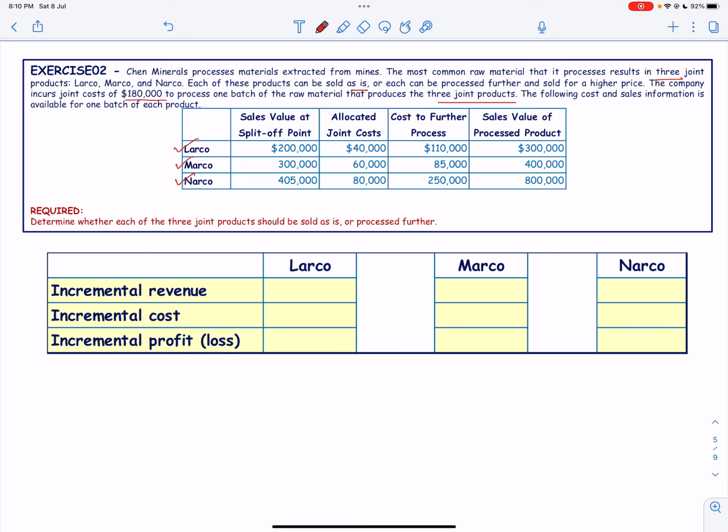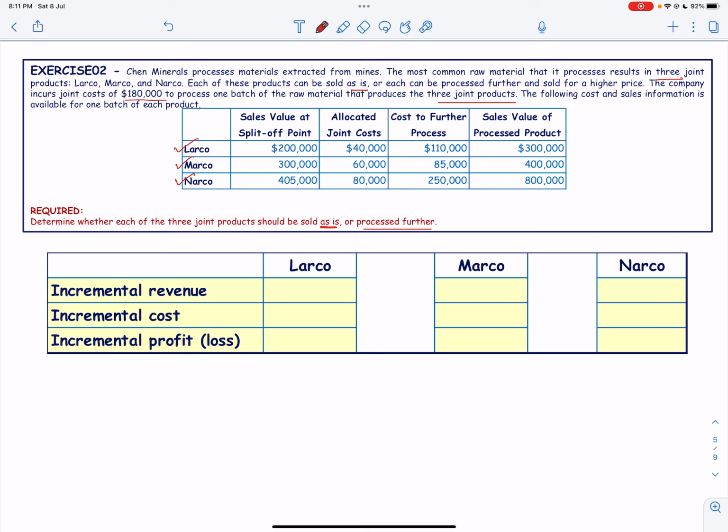So we have to determine whether each of the three joint products should be sold as is or processed further. And to determine that, we must determine the incremental profit or loss that would be earned by each.